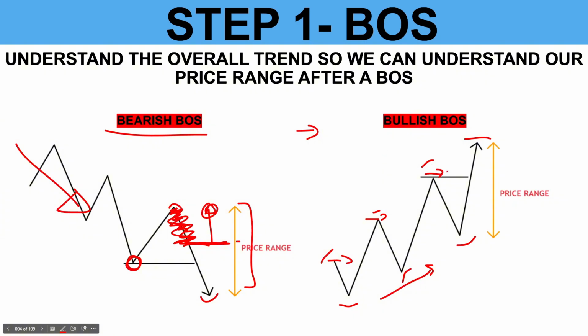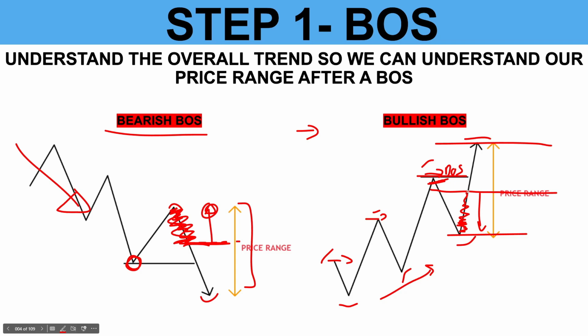Our most recent break of structure is this one over here. And we identify the price range. In this case, the price range is this low and this high. So we then draw up the 0.5, and we know our trades will be taken from anywhere below this level within a zone over here. Very, very simple first step.